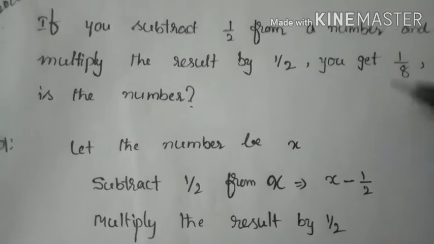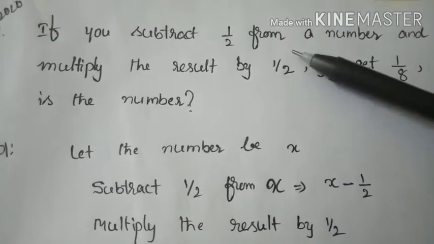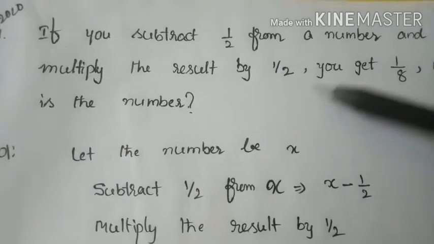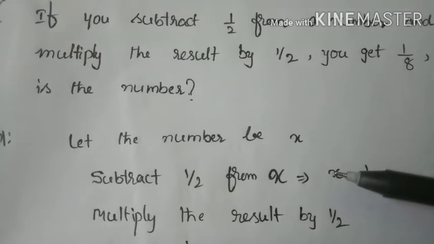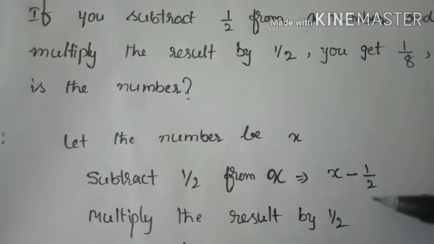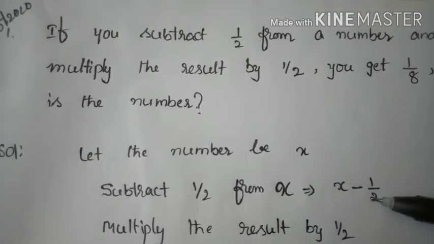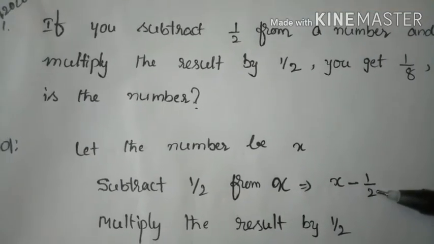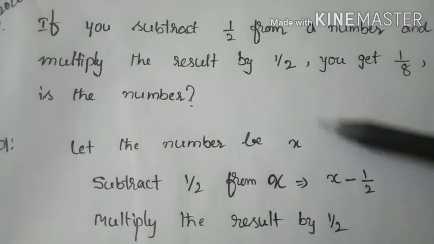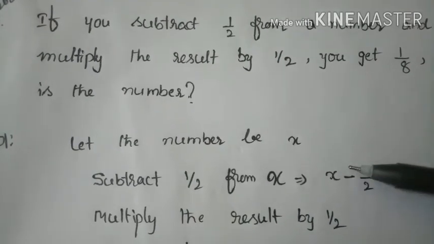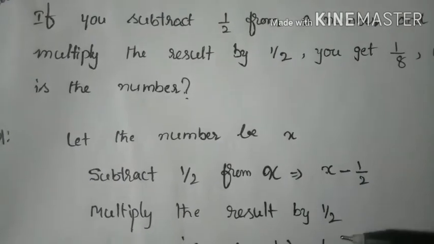Okay? Next. And multiply the result by 1 by 2. Multiply the result. What we got? x minus 1 by 2. It is our result. So, here they are saying, if you multiply by 1 by 2 to the result, that means x minus 1 by 2 into 1 by 2.